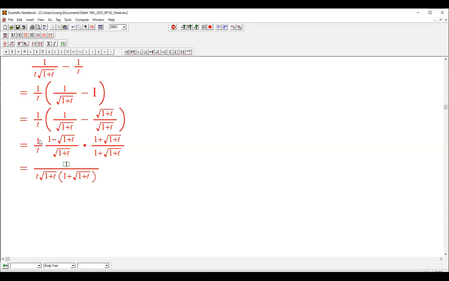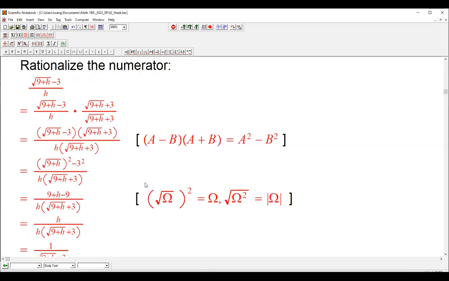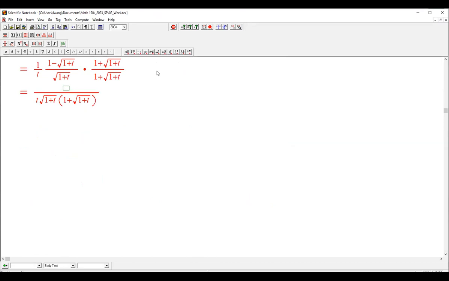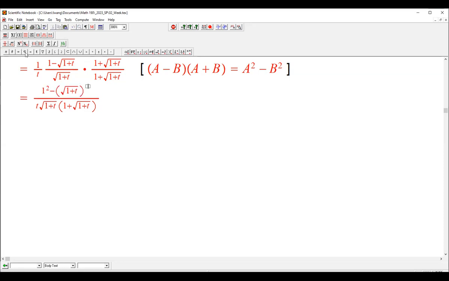Then on the top, 1 times the conjugate, and we're going to apply that property one more time. You can see that's very useful. Then we're going to have 1 squared, which is 1, minus the square root of 1 plus t, squared.